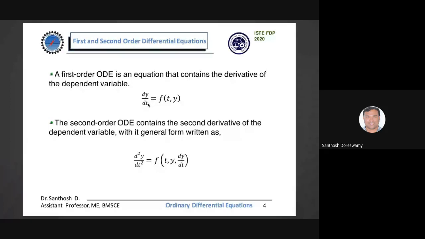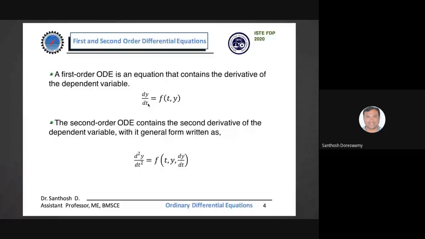This type of differential equation is well known for most physical systems which are governed by the first order variation of the dependent parameter, which is y in this case.